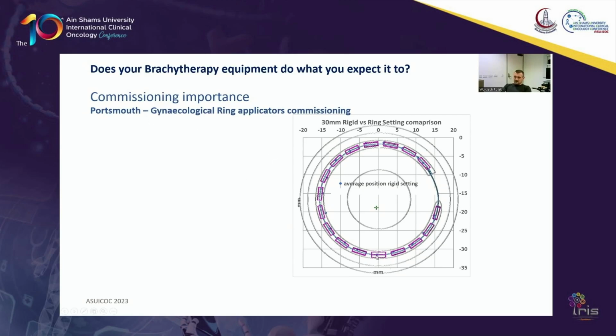You may think that some of them do, but actually this source position corresponds to this nominal source position, and the same here. So it's more than a 5 millimeter discrepancy between the nominal positions of the source in the solid model and what we measured during the commissioning.